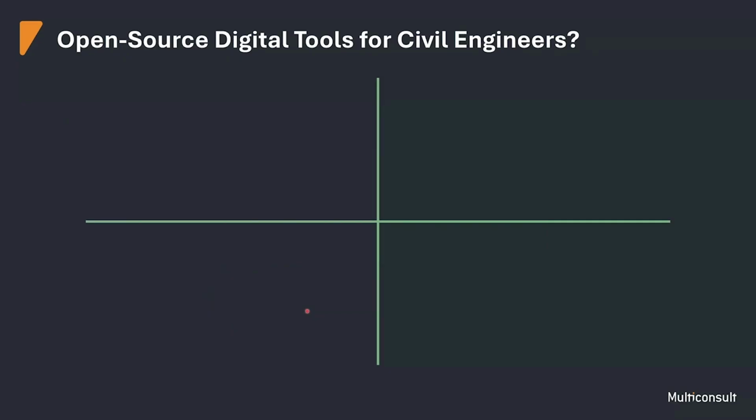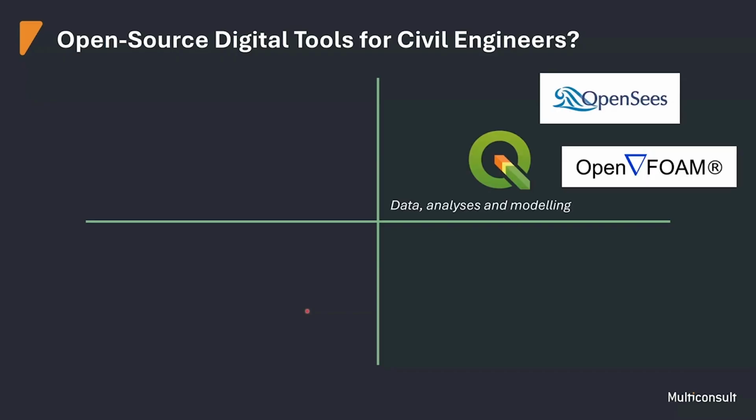So, open source digital tools for civil engineers. What's available to us? I've split the screen into four now. Perhaps arbitrary, but let's see how we can group some different open source digital tools. In the corner here, we have different tools for data analysis and modeling.